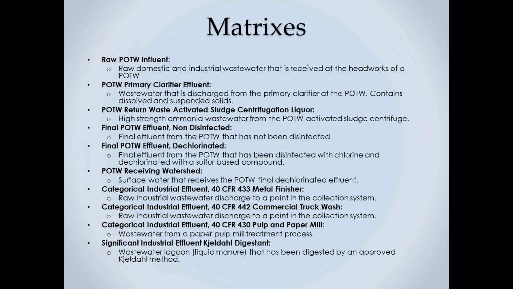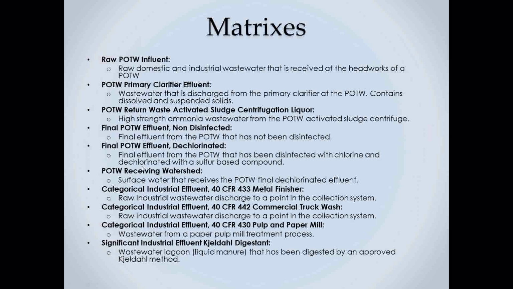So this is pre-disinfection, okay? The POTW effluent dechlorinated. They dechlorinated by sodium sulfite. So they added a sulfur compound to remove excess chlorine. They disinfected with chlorine, then removed the residual chlorine to meet their discharge requirement. The receiving watershed for the POTW.